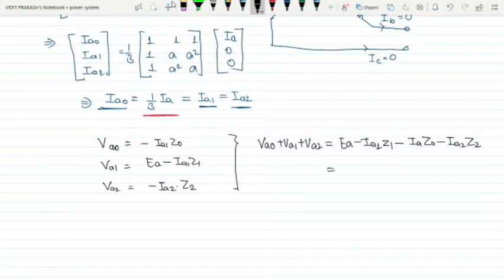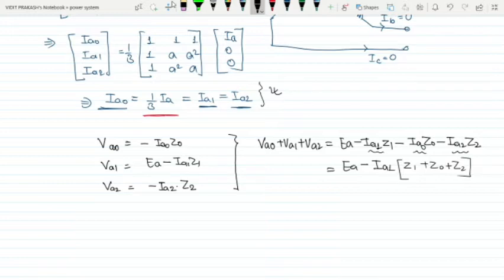And see, IA1, IA0 and IA2 are the same, right? So we can take this as IA1 into Z1 plus Z0 plus Z2.